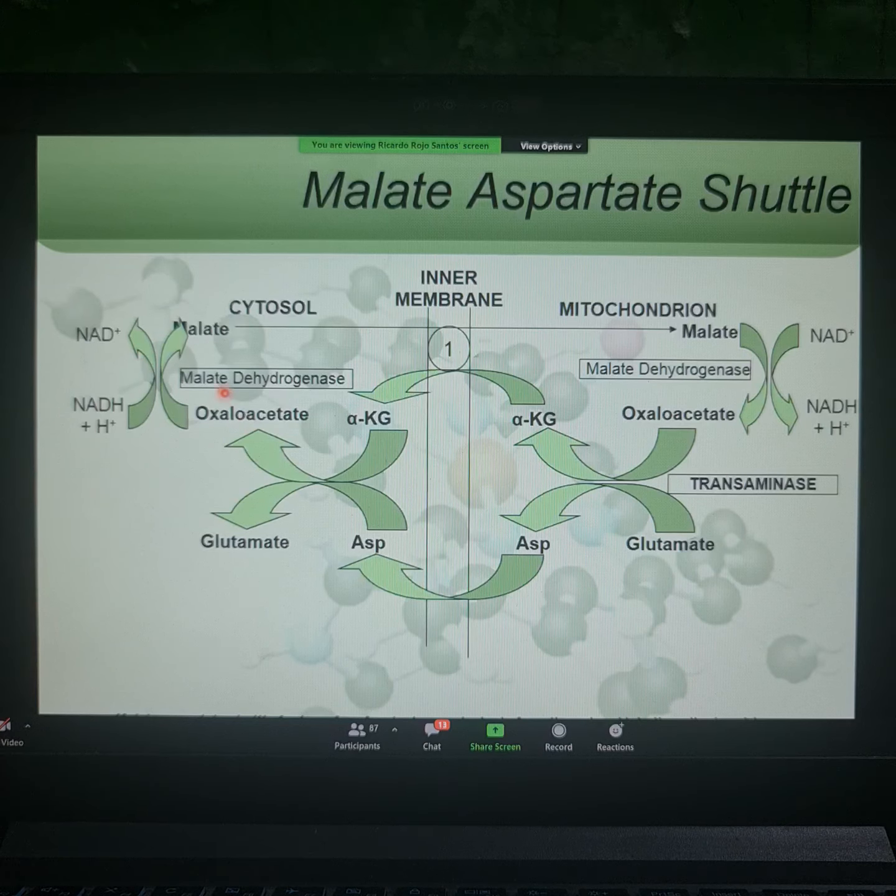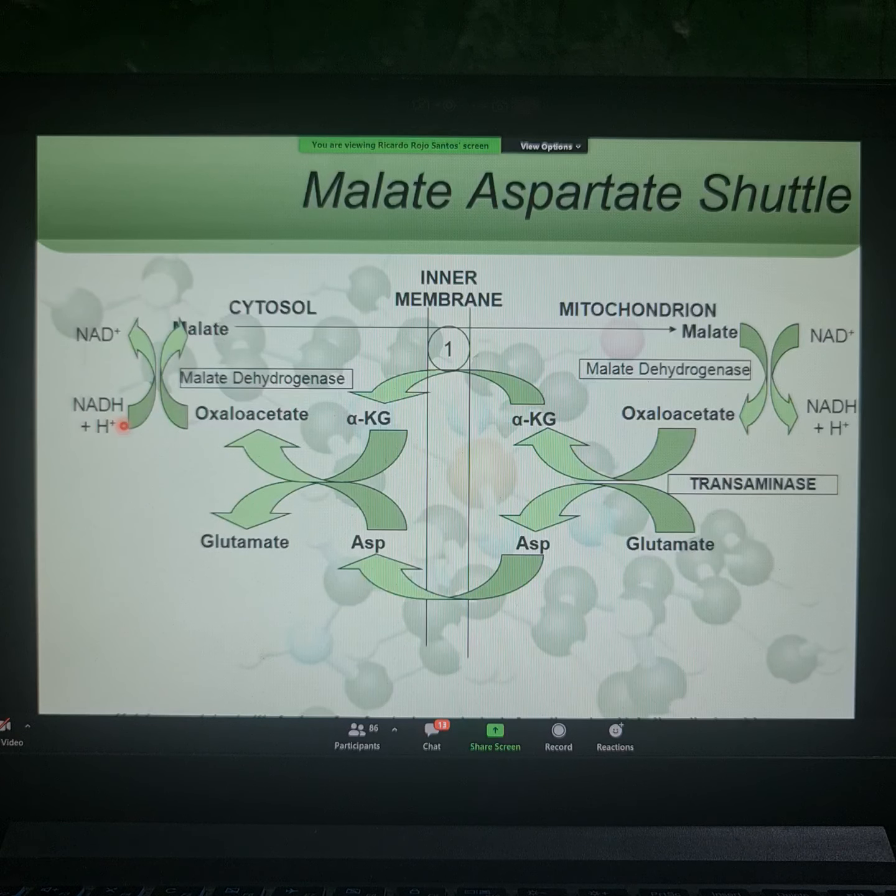It will be acted upon by cytosolic malate dehydrogenase, because that NADH is generated in the cytoplasm where you have glycolysis. It will react with oxaloacetate. NADH will transfer the electrons to oxaloacetate, thereby reducing oxaloacetate to malate.